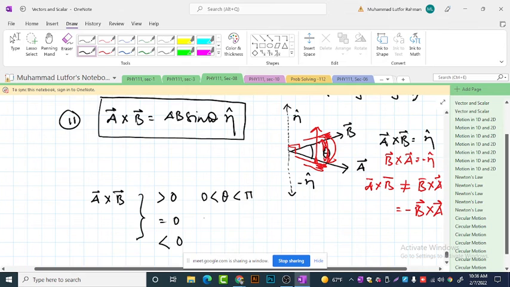It will be equal to 0 when theta is n pi, where n starts from 0, 1, 2, 3 and so on. And it will be less than 0 when theta is greater than pi and less than 2 pi. For that reason you will find that the magnitude of this cross product could be negative.